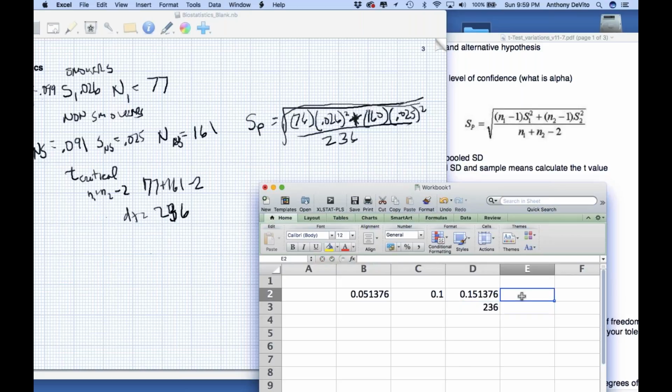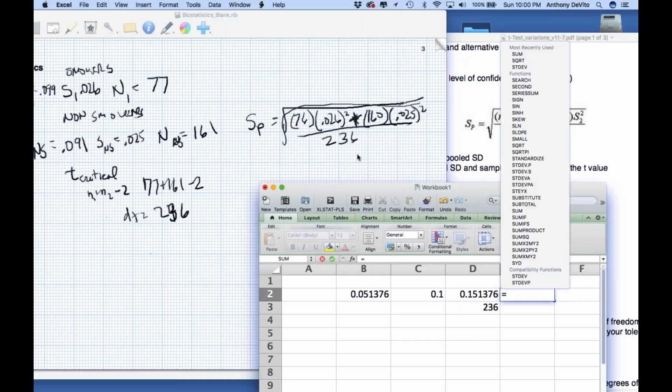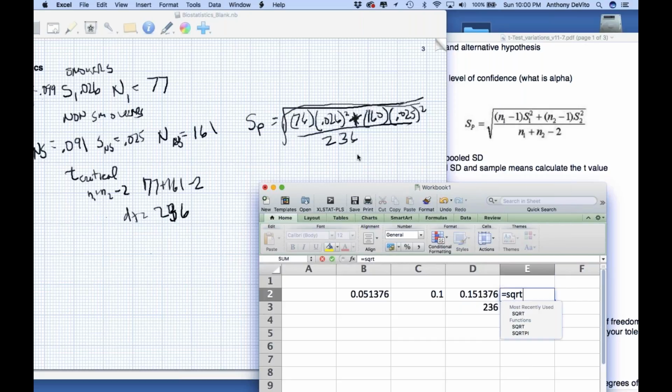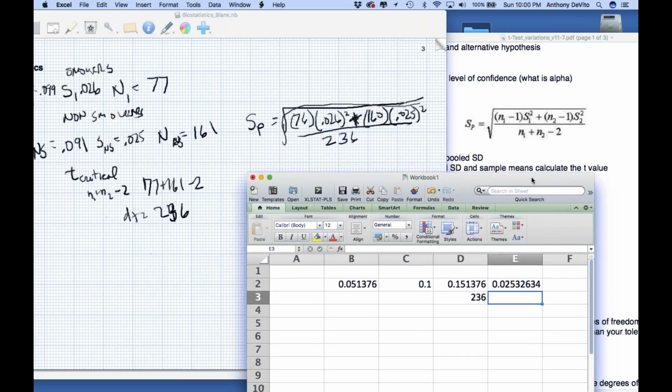Now, to find the square root of that divided by that, I can just say equals the square root of this numerator divided by the denominator. And it comes out to be 0.025. Are you guys okay with that?